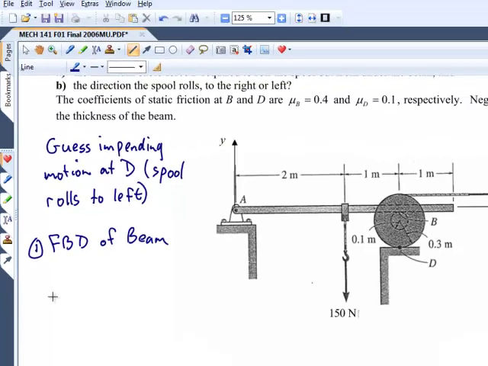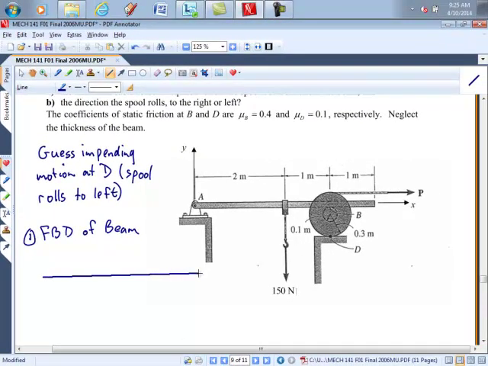So if we draw the beam first, just the friction parts. All the calculations will have to be redone, but the equations that you've set up will mostly be the same.